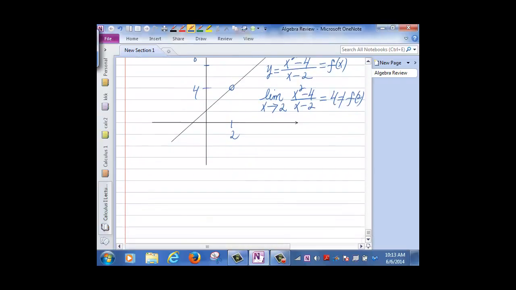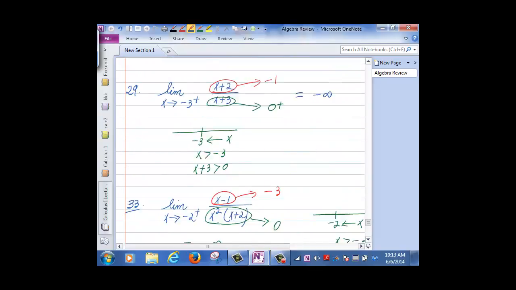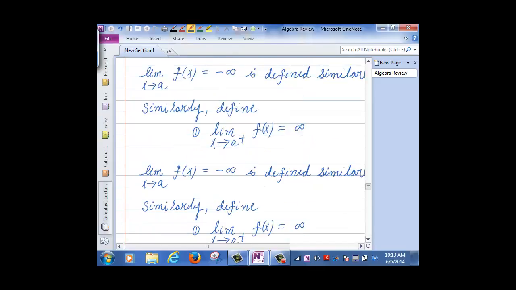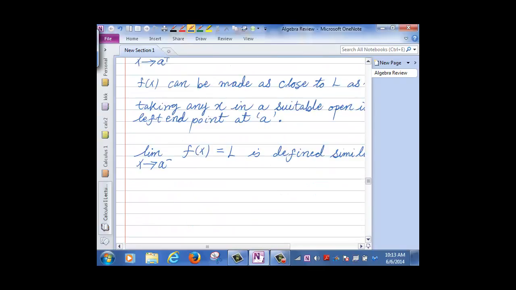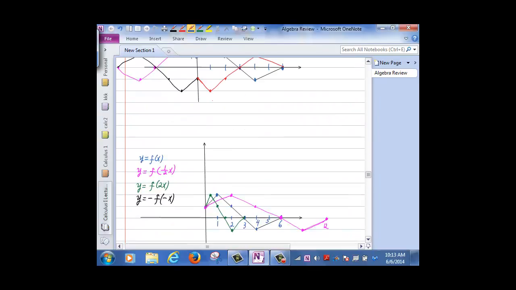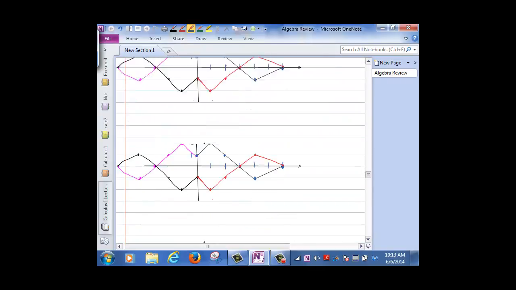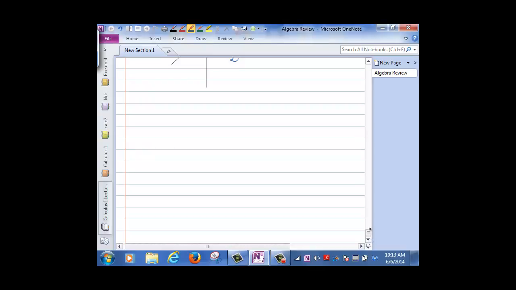Okay, and we also saw another possibility. The example that I have in mind is the following.